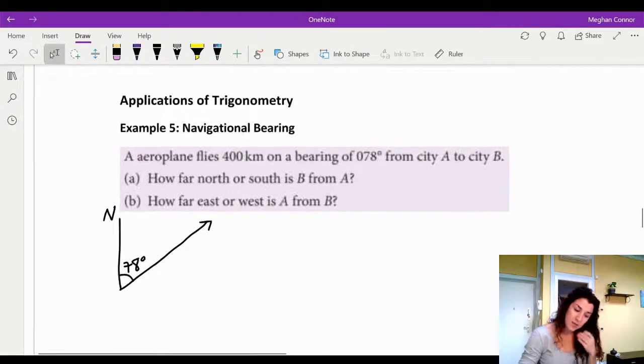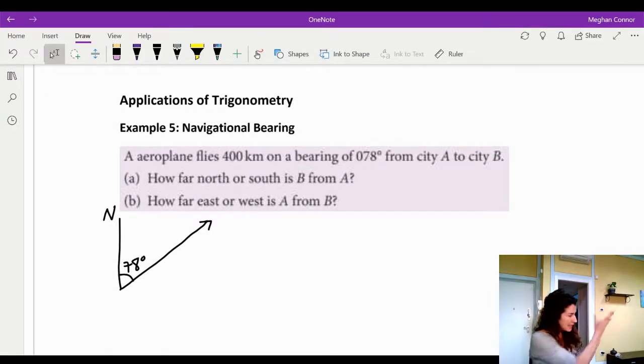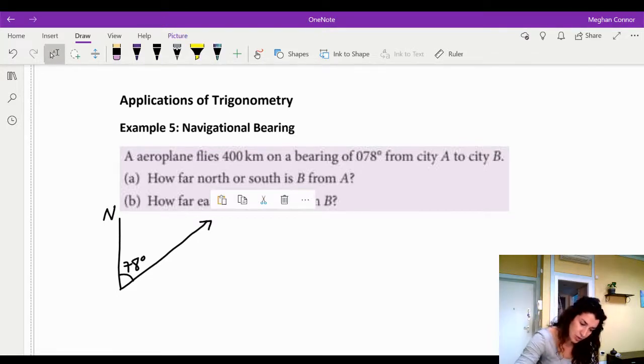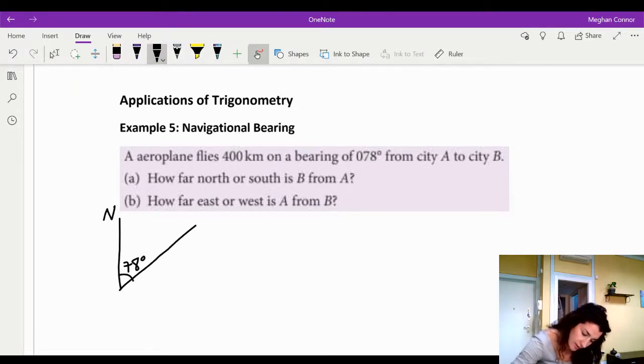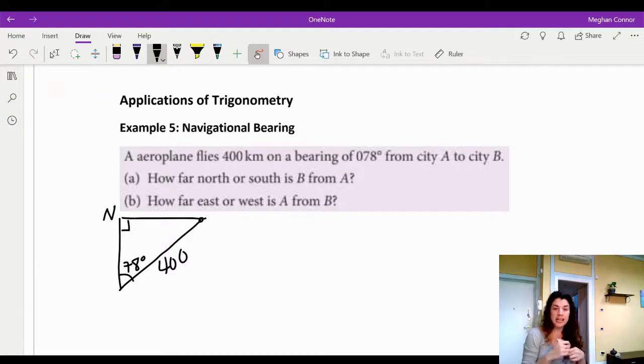And it flies 400 kilometers at that 78 degrees. So we go 400 kilometers and then we stop. If we connect all of that together into one big piece of information, we're talking about a right triangle. The due north versus the due east is encompassed in this right triangle. We went at a bearing of 78 degrees, and we did that for 400 kilometers.